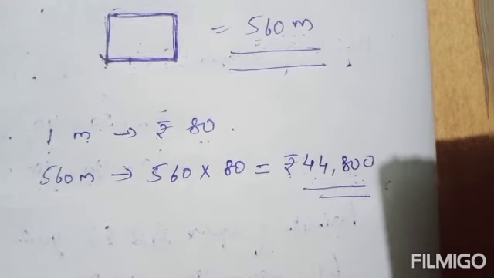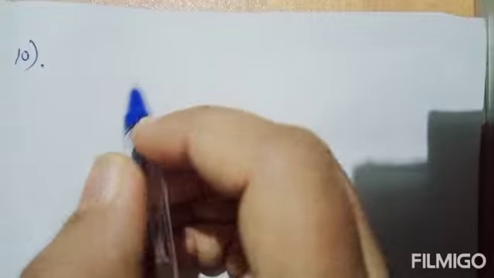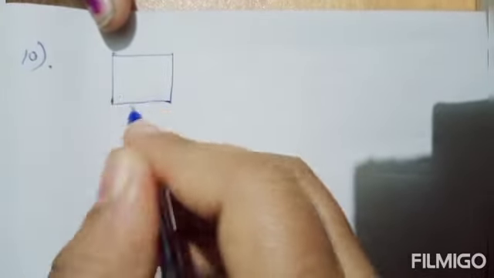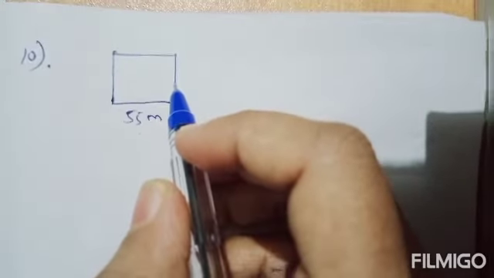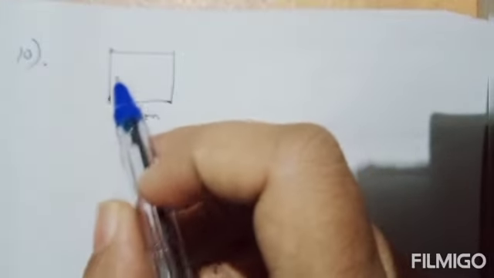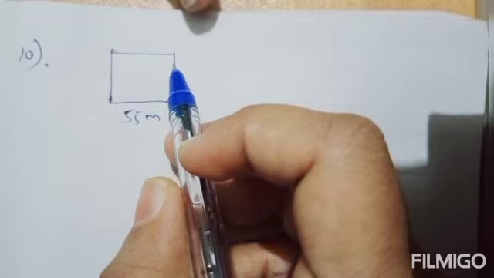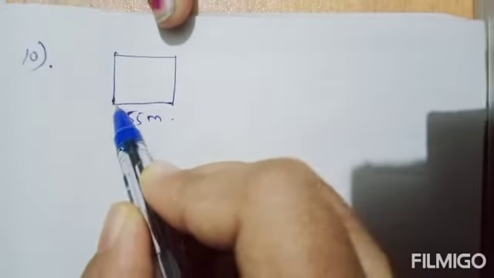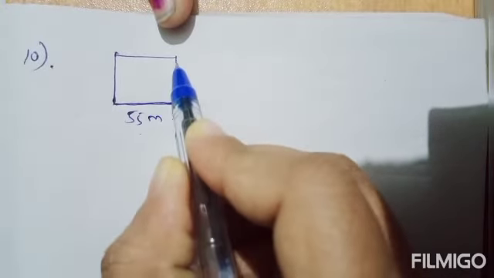Okay. In that 10th question, each side of a square plot of land is 55 meter. Find the cost of fencing the plot at the rate of rupees 32 per meter. So, square plot of land, its side is given 55 meter. You have to find the cost of fencing the plot at the rate of rupees 32 per meter. Okay, so cost of fencing you need to find.